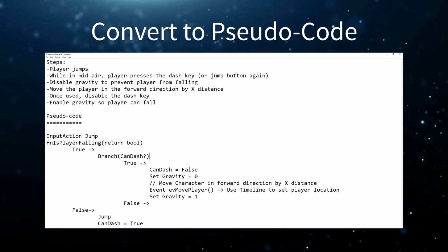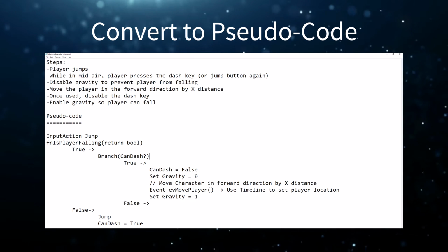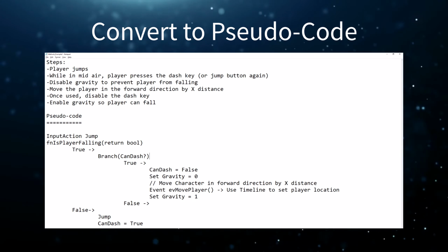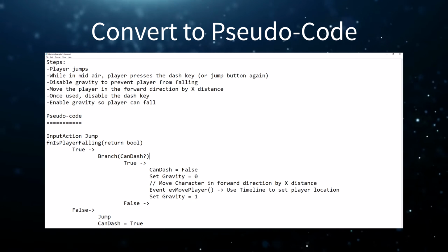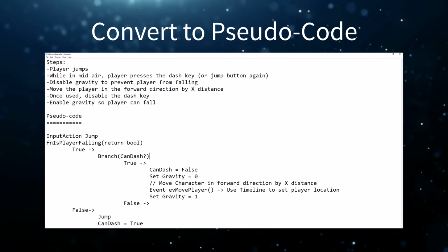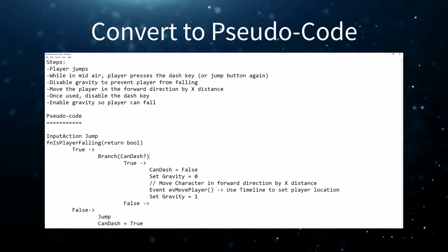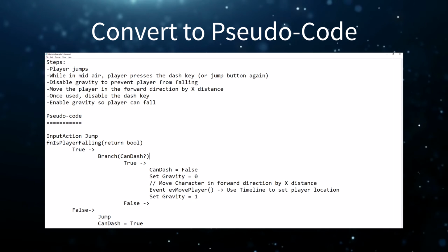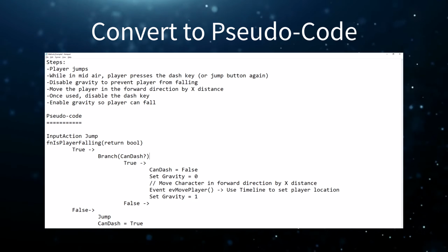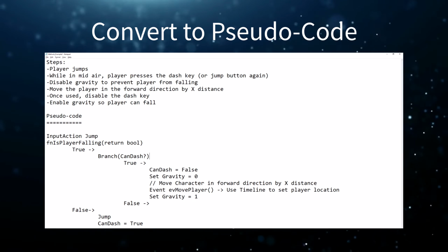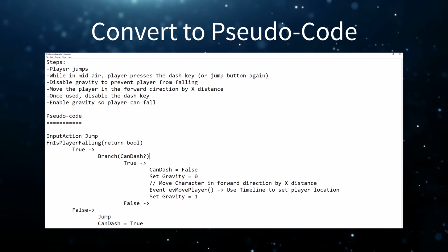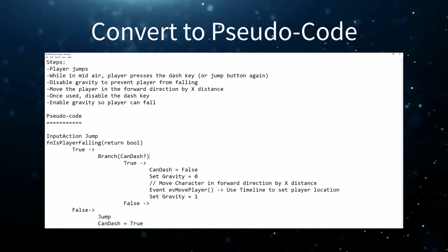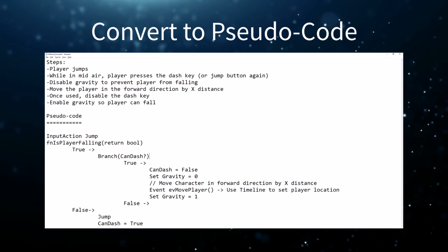If that returns true, we set canDash to false, we set gravity to 0, and we call a custom event that uses a timeline to set the player's location in the forward direction. When that is done, we set gravity back to 1 again. And if the original function returns false, meaning we are not falling, we simply proceed with the jumping ability and we set canDash to true.